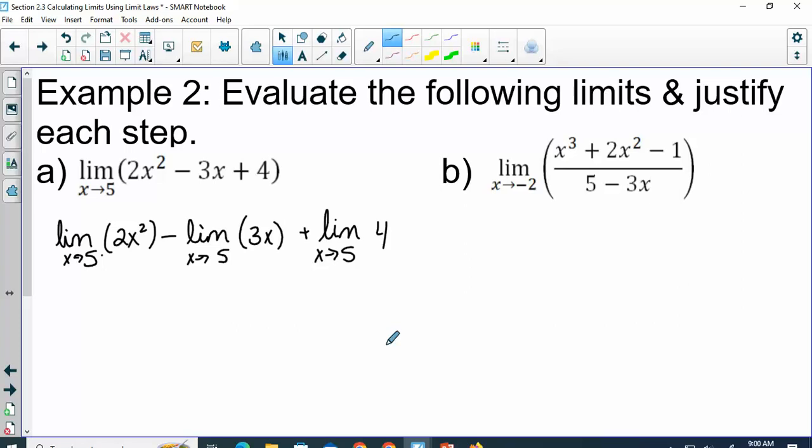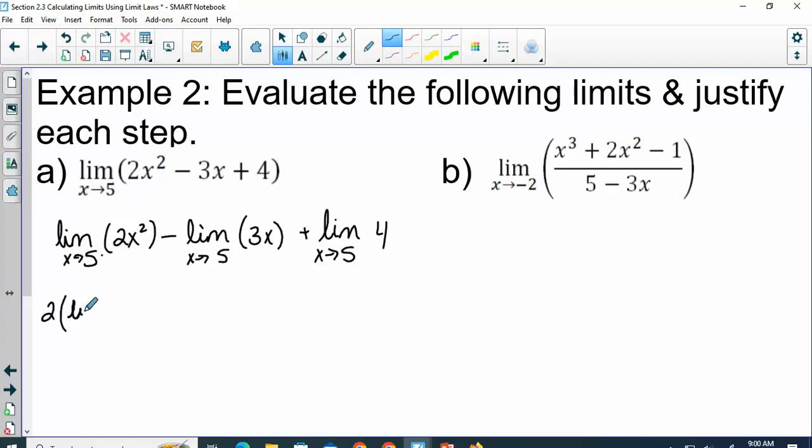If we have a constant, so when I have that 2x squared, what can I do with my constant? It can go out in front of the limit. The final thing we had, when we had powers, remember we could move those outside the limit as well.